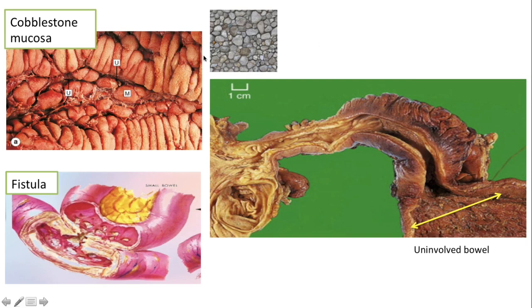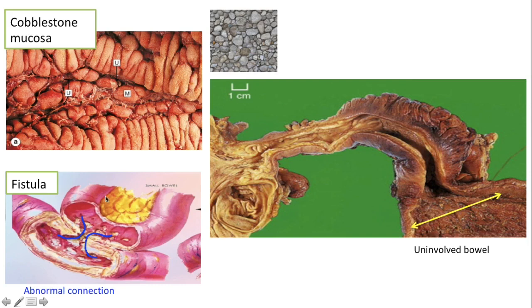So you can see cobblestone, so it's a marked resemblance to that. And the cobblestoning of the mucosa occurs because of the deep fissuring ulcers that are present in these cases, which run through in between these islands of residual mucosa, so leading to the cobblestone appearance.